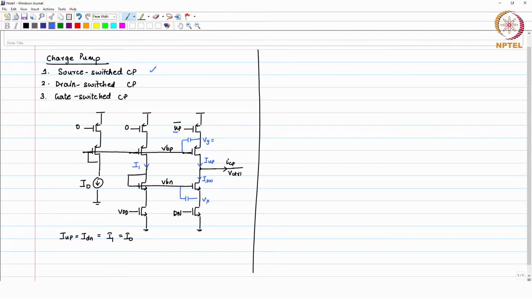Similarly, the current from the downside should also be equal to 0. But this Vy voltage makes a transition.